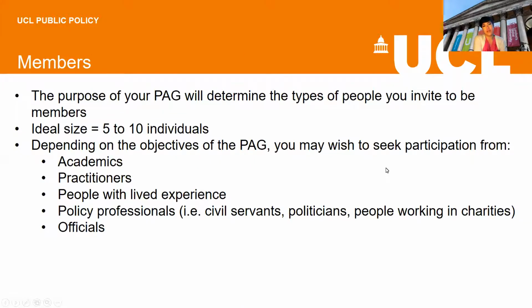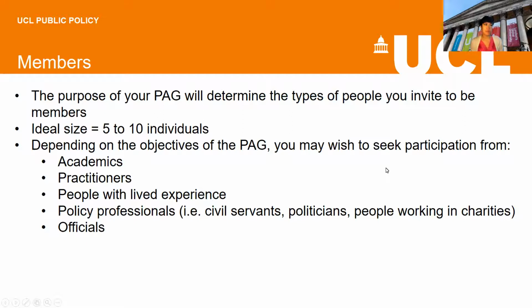So if you want to have policy advice and strategic guidance, you probably want more than just academics on the policy advisory group. As well as having a couple of academics, you'd also want to invite policy professionals or practitioners. If you're looking for advice in terms of partnerships or dissemination, again, you'd want a wider reach beyond just academics.